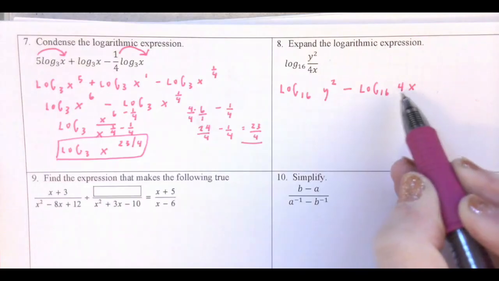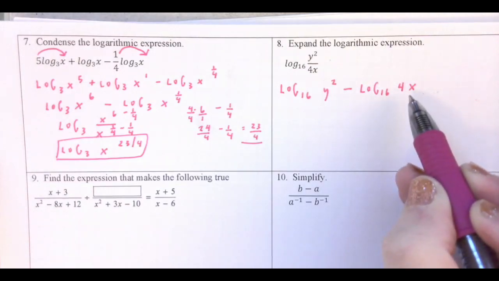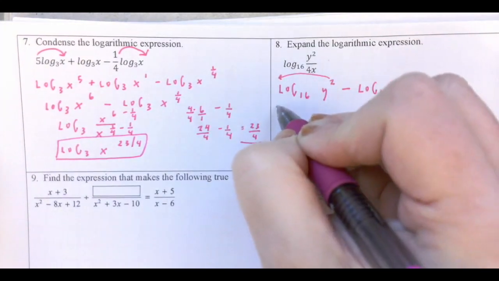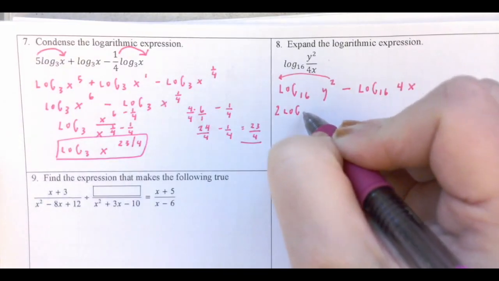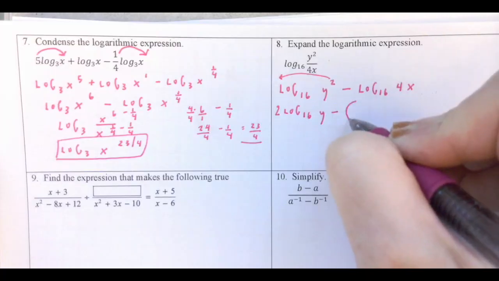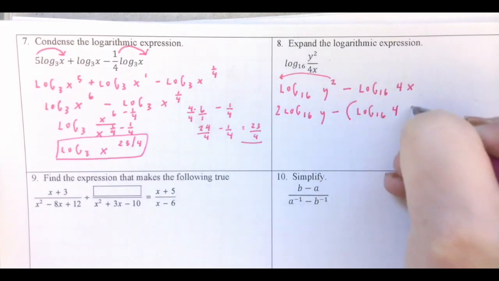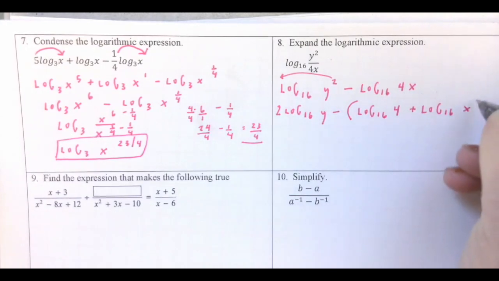Okay, but this is really here still a product, so I want to separate that into two logs using addition. So now I'm going to also pull that 2 out in front while I have a moment. So 2 times log base 16 of y, okay, minus, I'm going to put parentheses here, log base 16 of 4 plus log base 16 of x.